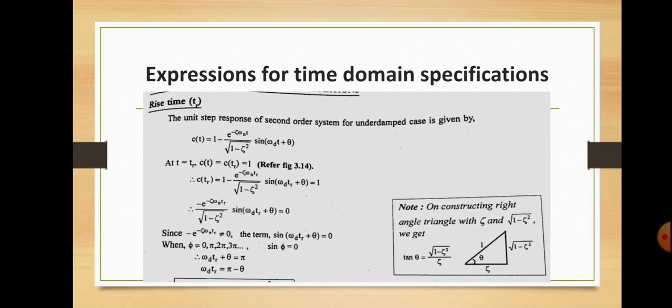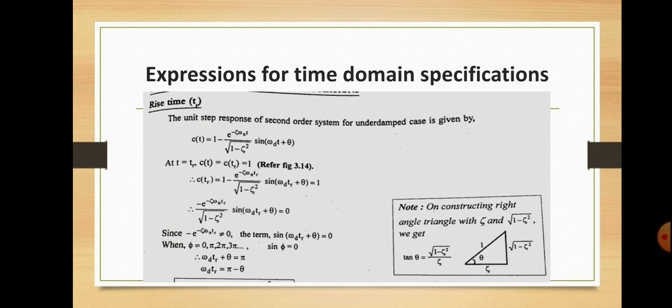Also here we can note one thing: if you are drawing a triangle with theta as the angle between epsilon and square root of 1 minus epsilon square, then tan theta will be equal to square root of 1 minus epsilon square divided by epsilon. You should remember that also.